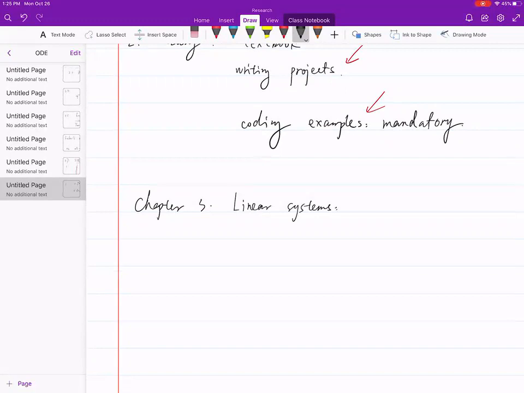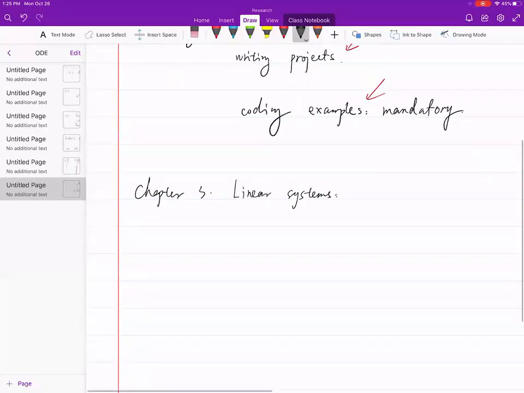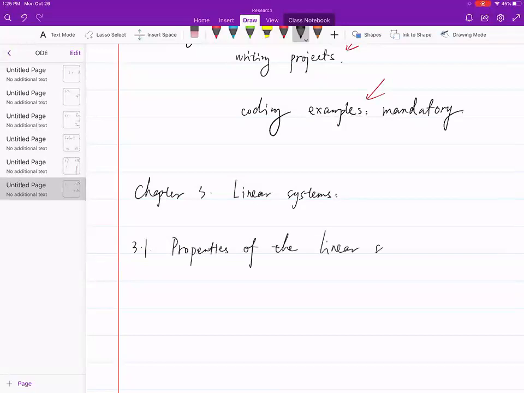And the first thing we will start with is actually the properties of the linear system and the linearity principle.